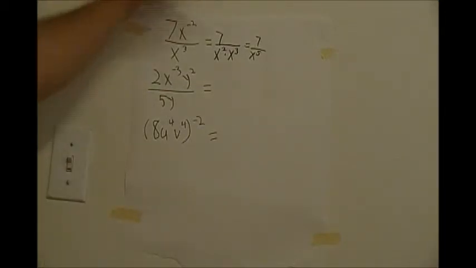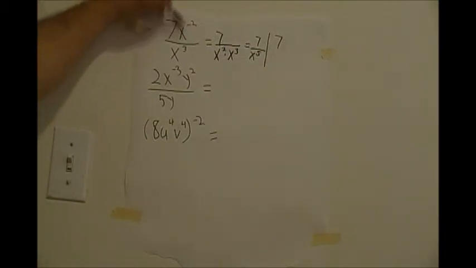Now the alternate method is to take the 2 powers and use the quotient rule. Whenever we divide 2 exponents with the same base, we subtract the 2 powers. So here we just copy the 7 over because that's not involved.